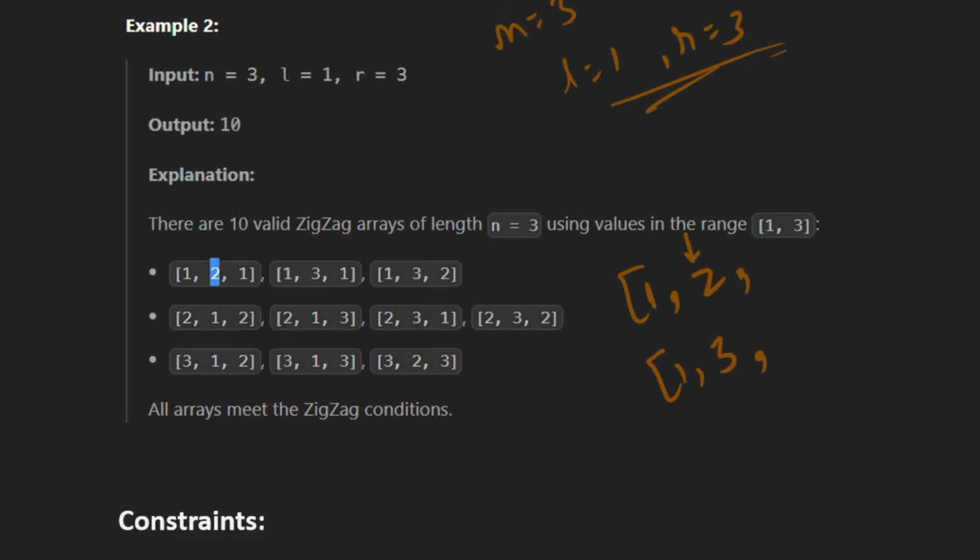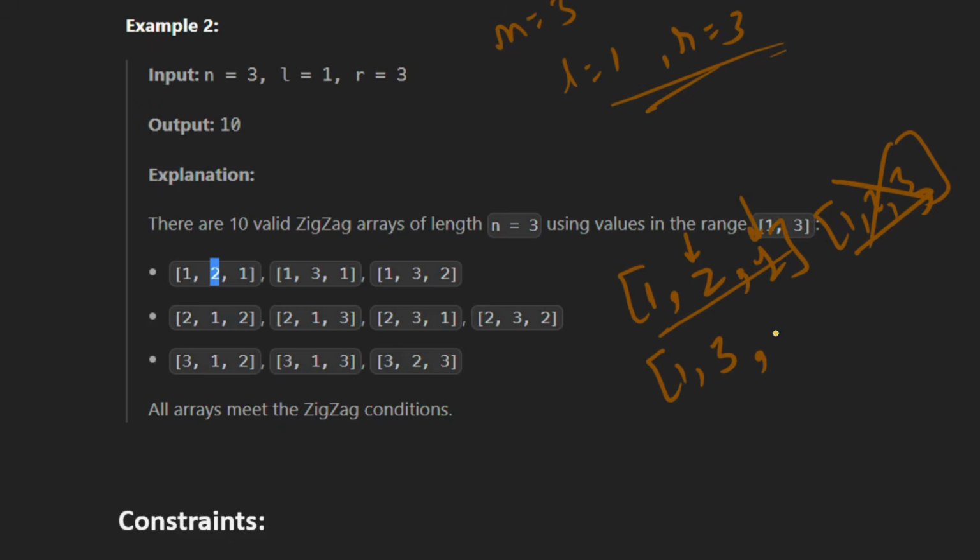Now, what is the possibility for the third element? The third element can be 1. What if we put the third element as 3? 1, 2, 3 is a strictly increasing sequence, so this array is not possible. So we get one array, 1 2 1.